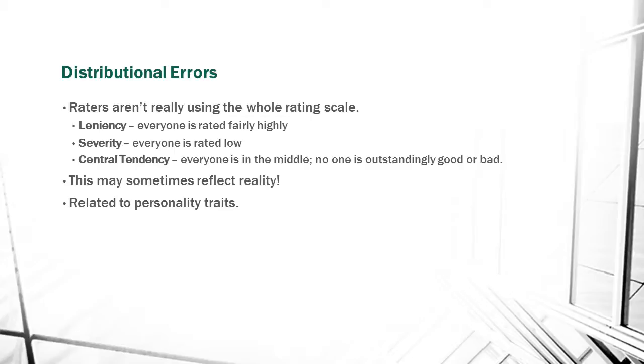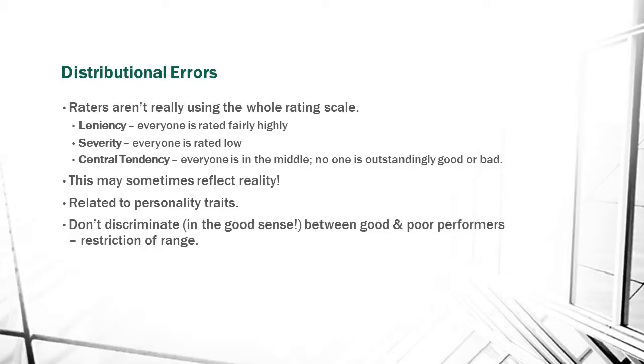The problem with distributional errors, and the reason that we worry about them, is that they make it hard to distinguish, or the technical term here we use is discriminate, not in the sense of illegal discrimination, but in the sense of making good distinctions between good performers and poor performers. Everybody comes out rated about the same, whether their performance is the same or not.